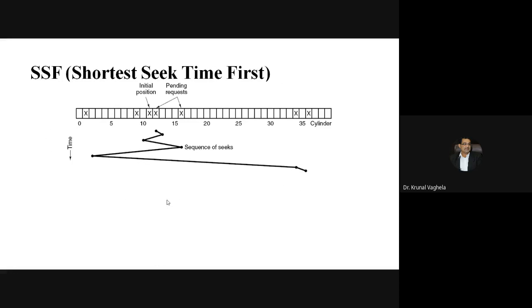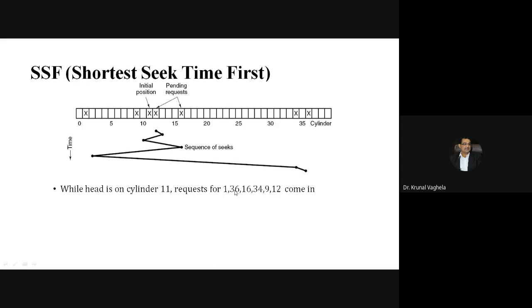Let's see the example. Consider the head is currently on the 11th cylinder, and the requests come for 1, 36, 16, 34, 9 and 12. The head will see which is the nearest. To go to cylinder 1, the head needs to travel 11 minus 1, that is 10 cylinders.